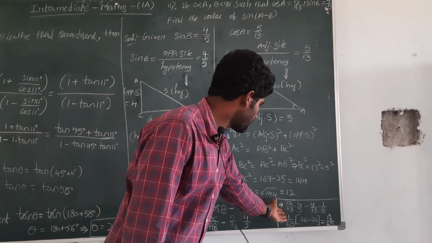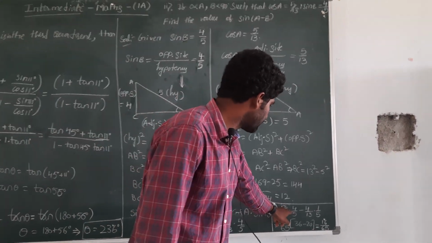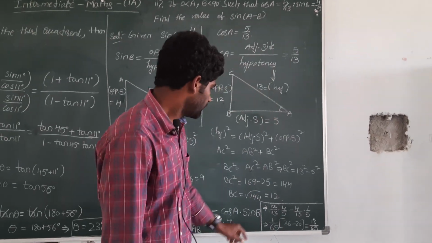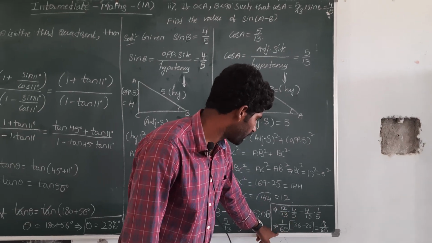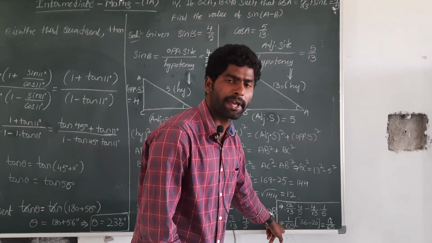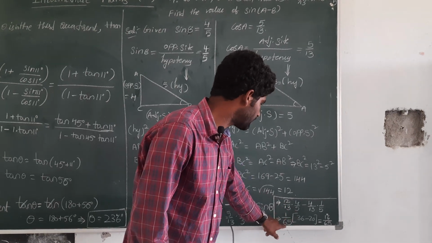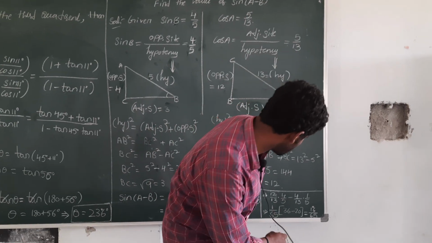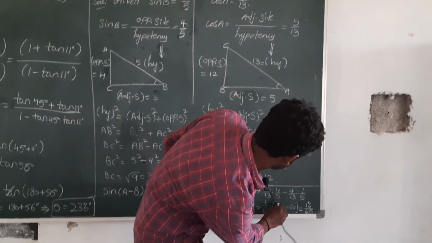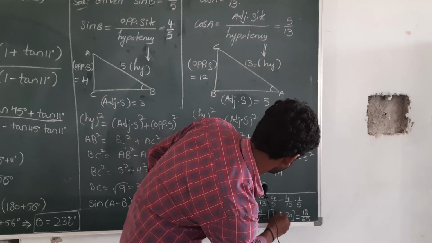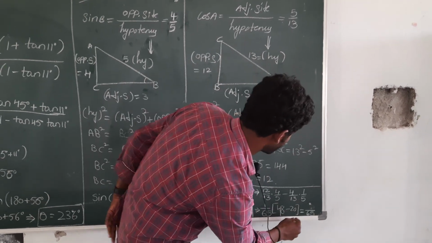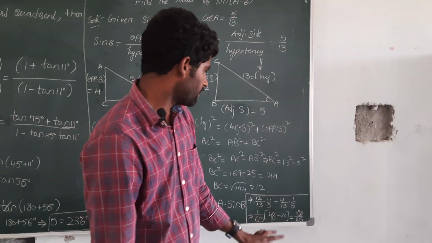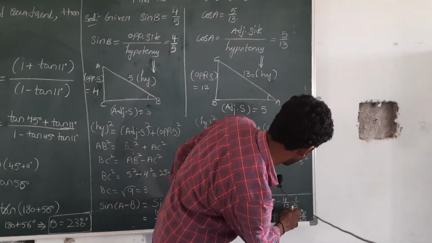Substituting these values: 12 by 13 into 4 by 5 minus 4 by 13 into 1 by 5. 13 5s are 65, so I take the common 1 by 65. 12 4s are 48. So I am writing 48 minus 28 by 65. Sorry, I made a mistake here.